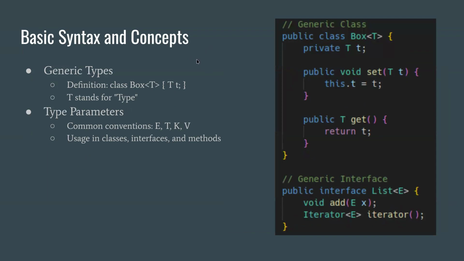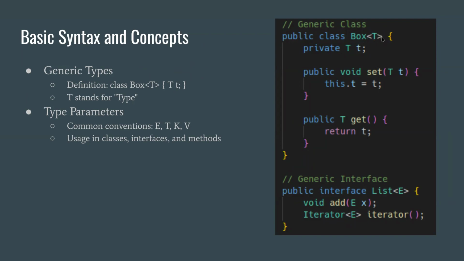Basic syntax and concepts. So we're going to look at the basic syntax and concepts of generics. A generic type is a class or interface that includes a type parameter, like T in class Box<T>.